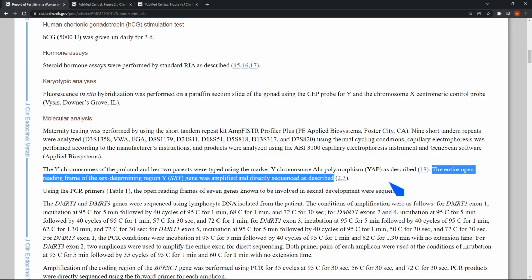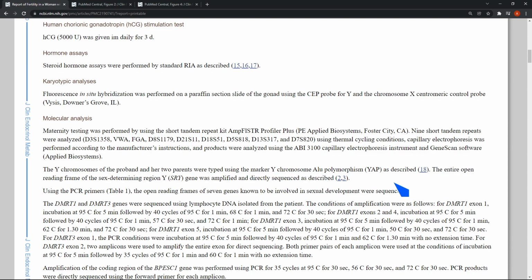So an open reading frame is, very briefly, the sequence of DNA that is a gene that produces a protein. The open reading frame goes from the start codon to the end codon. So using the PCR primers, PCR is the polymerase chain reaction that amplifies DNA in a very controlled way with thermocycling and a heat-stable polymerase.